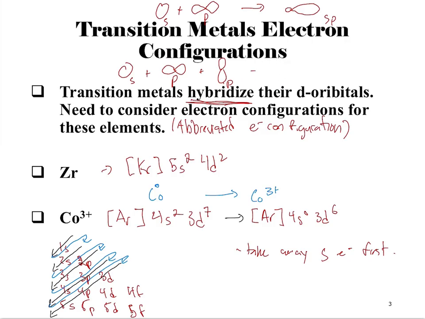Just 2 of them. This will give us 3 hybrid sp orbitals. So this would be what's called an sp2 hybridization. And this gives us the structure of what a trigonal planar atom would look like, right?